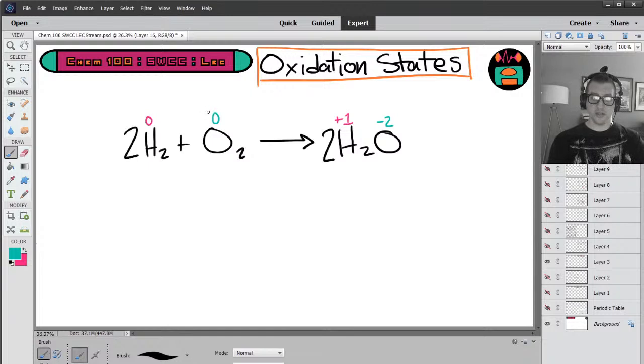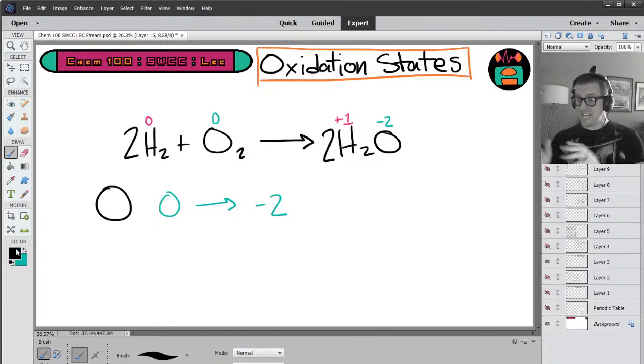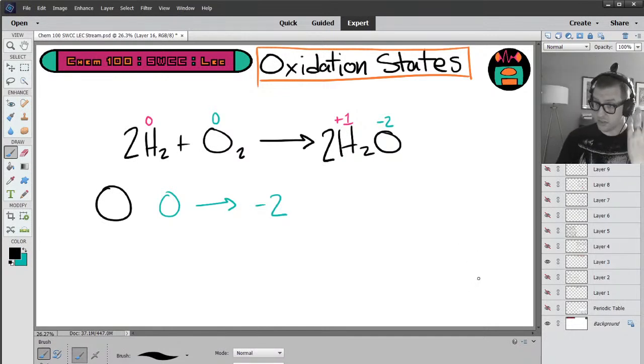If you look at oxygen, oxygen starts at 0 and ends at -2. Has it gained electrons or lost electrons? Ask yourself. Electrons are negative. If you start at 0 and end at -2, you have gained electrons.